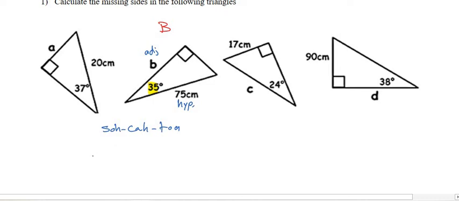So I know that cosine the angle, and the angle given is 35 degrees, equals the adjacent of the angle, which is the required side, which is B, over the hypotenuse, which is 75 centimeters. And now guys, by applying the cross multiplication, you can find out the value of B.